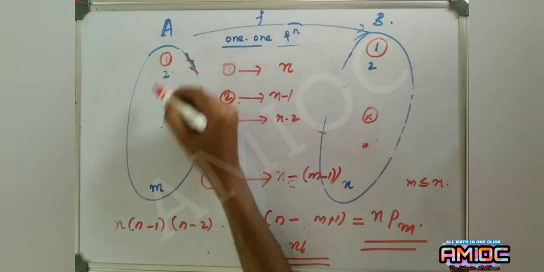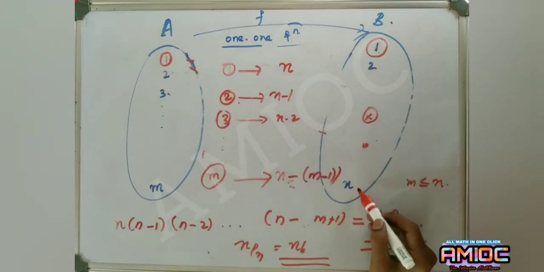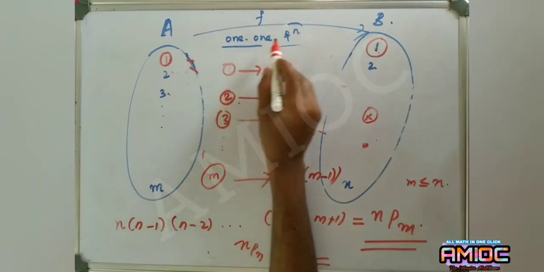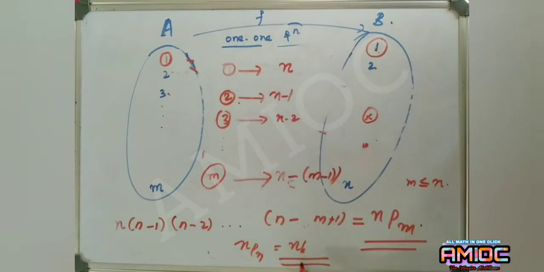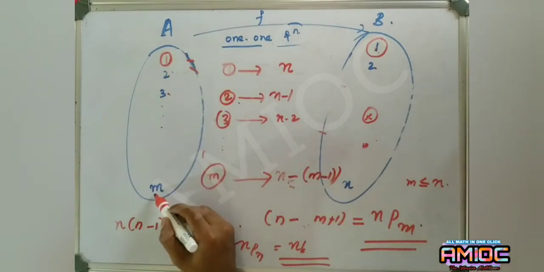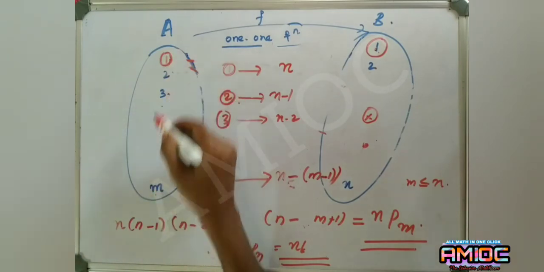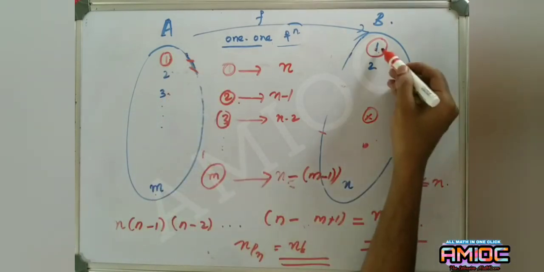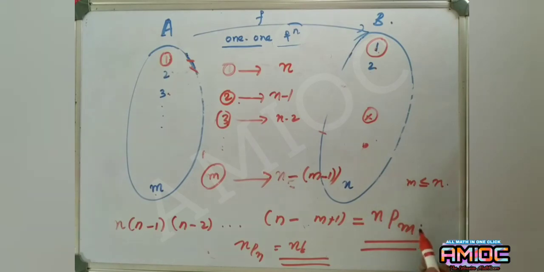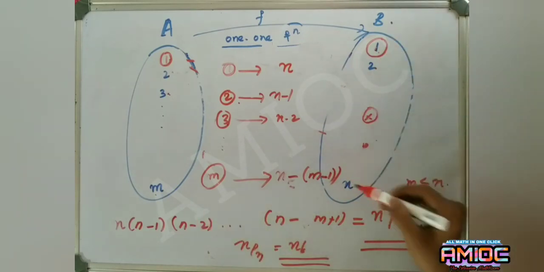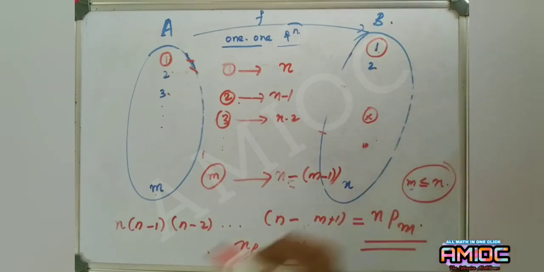Therefore, if both sets have the same cardinality n, then the number of 1-1 functions is n factorial. And if the domain has cardinality m and the codomain has cardinality n, then the number of 1-1 functions is nPm, where the number of points in the domain must be less than or equal to the number of points in the codomain, that is, m less than or equal to n.